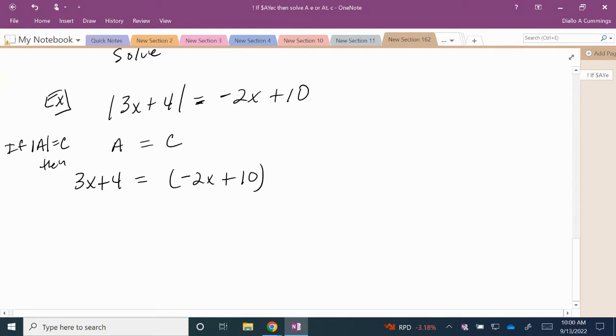So that's this part. So you remove the absolute value bars and you set it equal to whatever it's equal to, or A is equal to negative C. So I'm going to drop the absolute value bars and I want to set it equal to a negative.